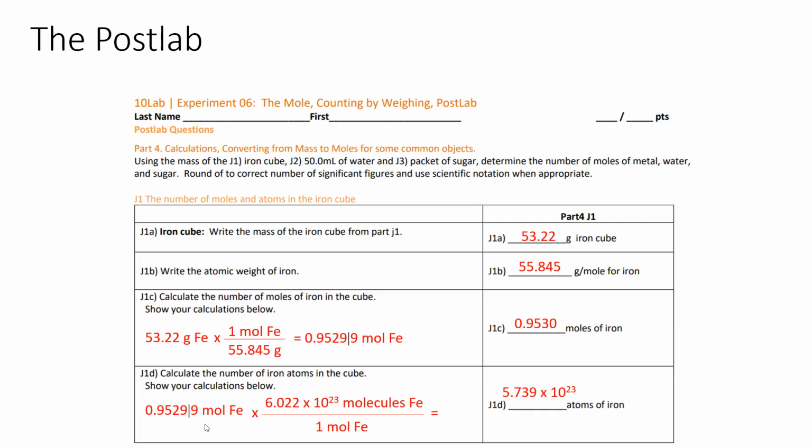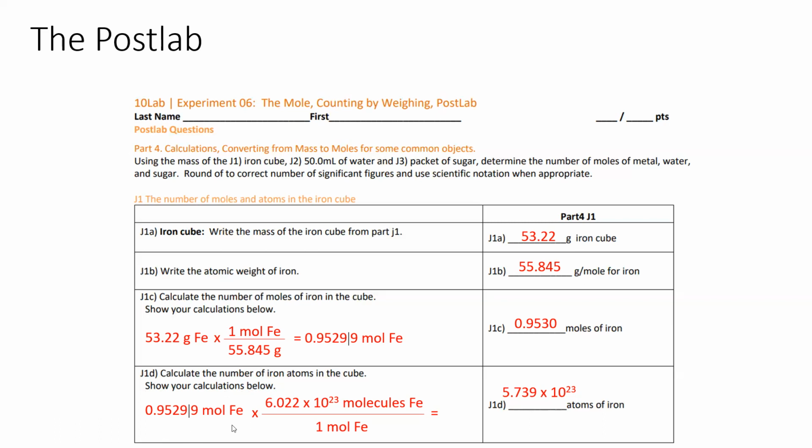I'm including extra significant figures because as I continue to calculate, I don't want to round early. I want to only round at the end. So when I'm calculating the number of iron atoms in the cube, I want to start with the most significant figures that I can, so that when I multiply, there's less error.